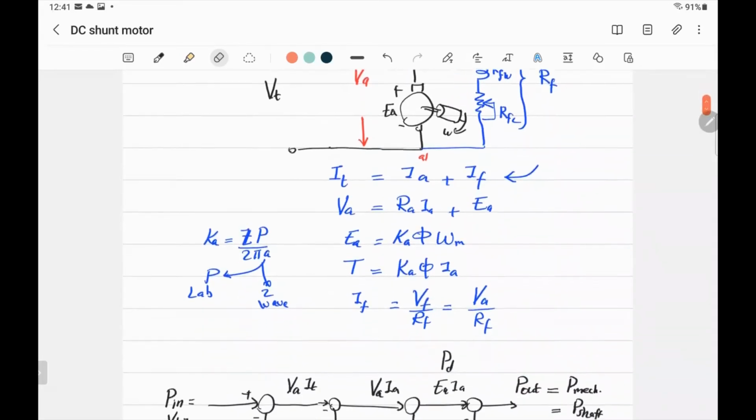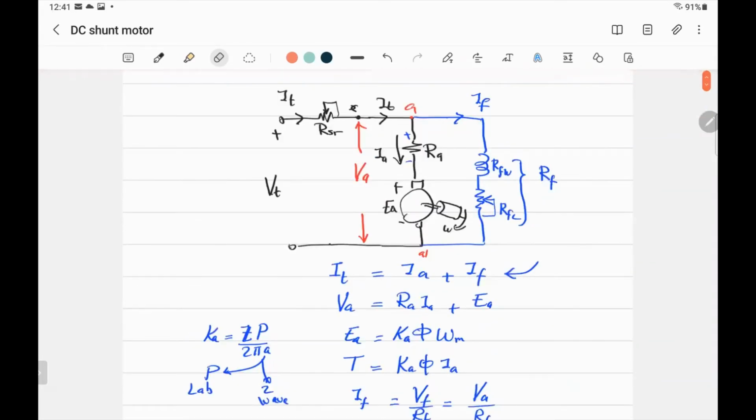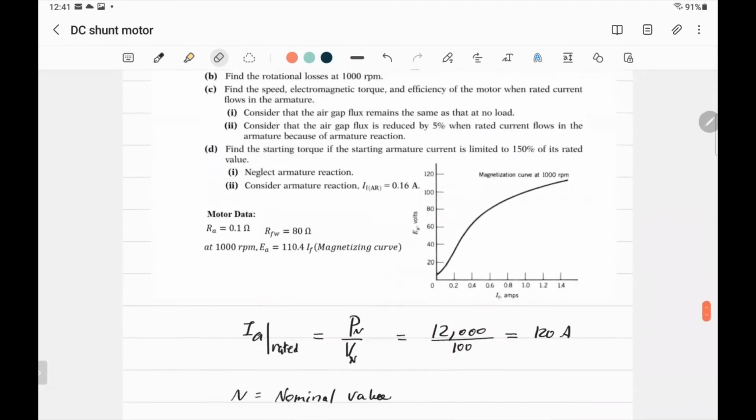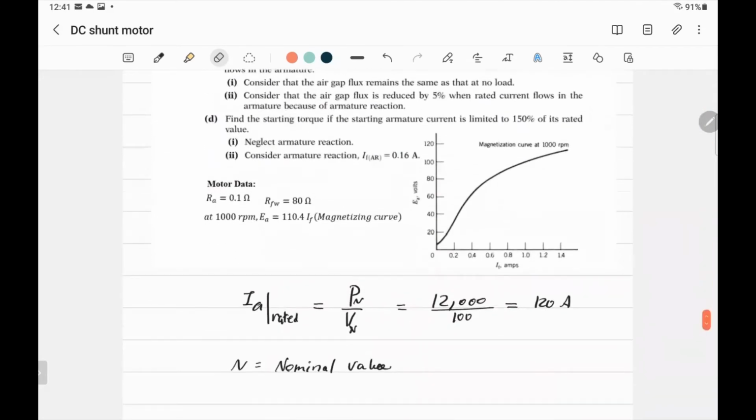All right. VF is equal to VA. That's right. And there is information given here that we shouldn't ignore. They give you something called the magnetizing curve. It gives you the relationship between the field current and the EMF produced in the machine, and you are going to do it in the lab.